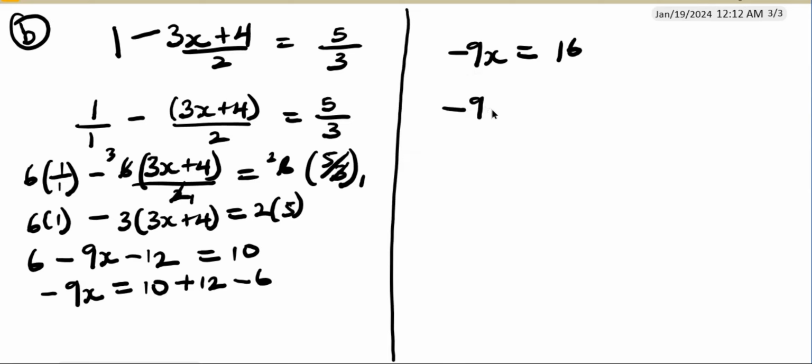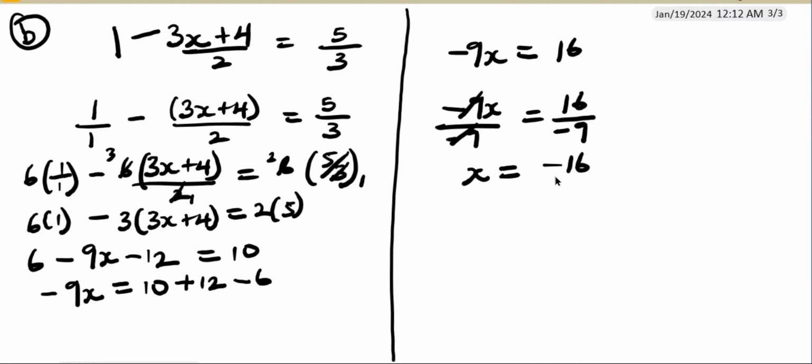So minus 9x over minus 9 equals 16 over minus 9. So minus 9 will cancel minus 9. We say x equals minus 16 over 9. So that is our answer. So you can see that a simple equation involving fractions is not so difficult as people thought. So let's solve our last example for today.